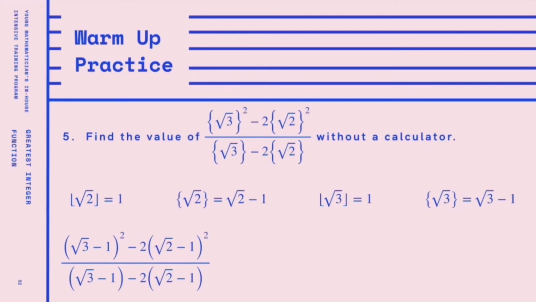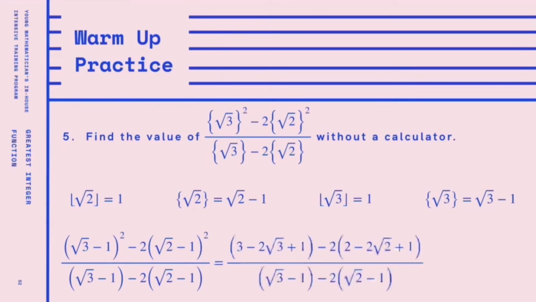Now for the numerator, expanding and simplifying, square root of 3 minus 1 squared is just equal to 3 minus 2 square root of 3 plus 1. Then we have minus 2 times square root of 2 minus 1 squared, which is equal to 2 minus 2 square root of 2 plus 1.